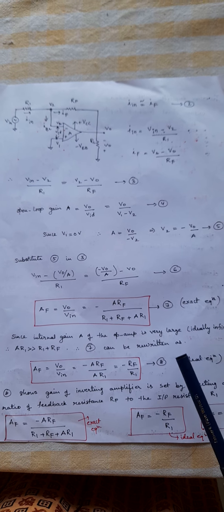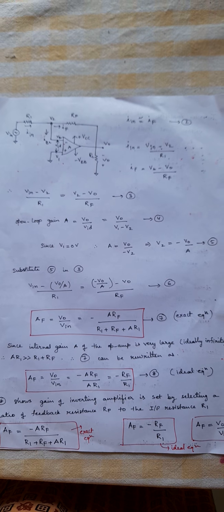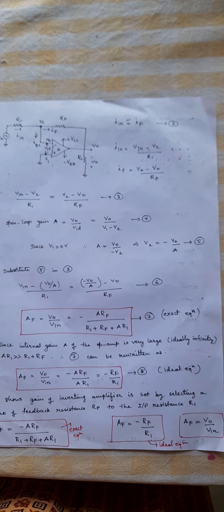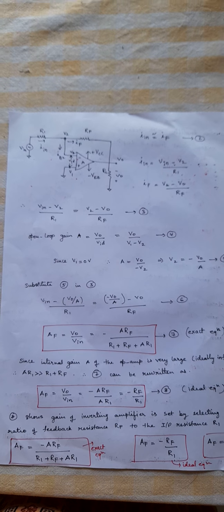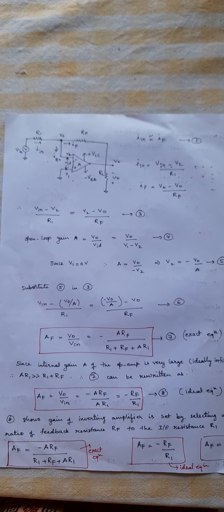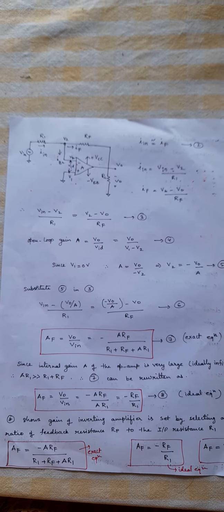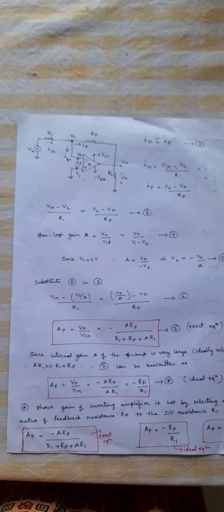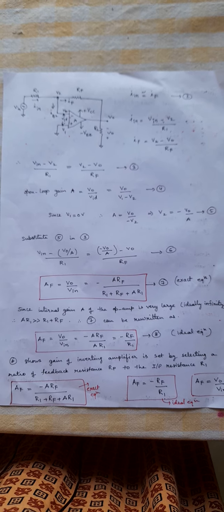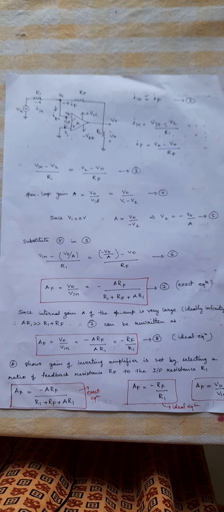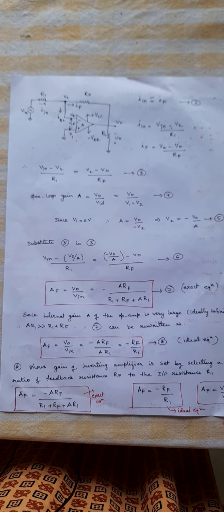What is this equation 8 telling? The gain of an inverting amplifier can be set by selecting the ratio of feedback resistance RF and input resistance R1. So by this we have completed the derivation of an inverting amplifier in closed loop. What is the exact equation?